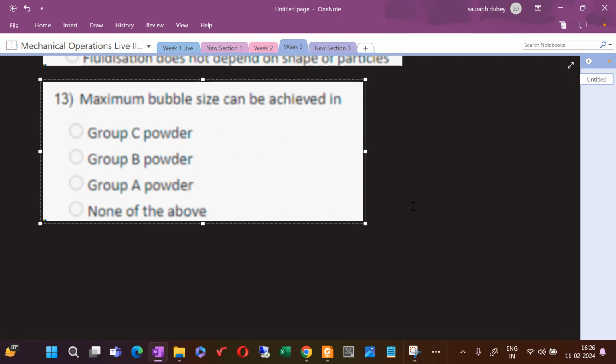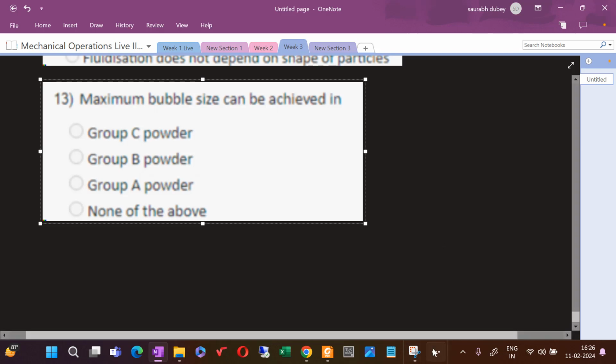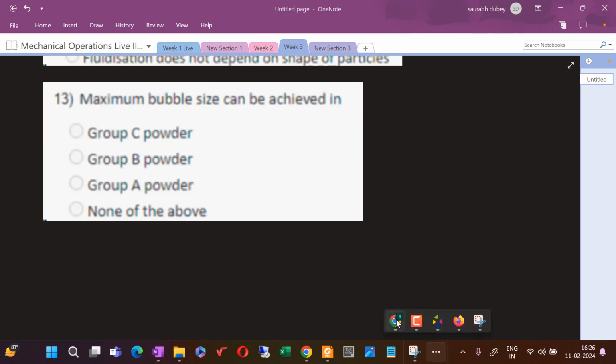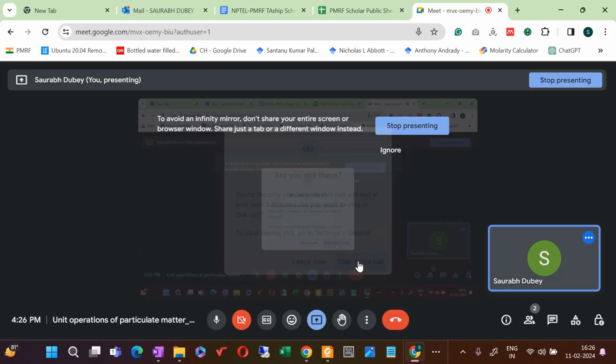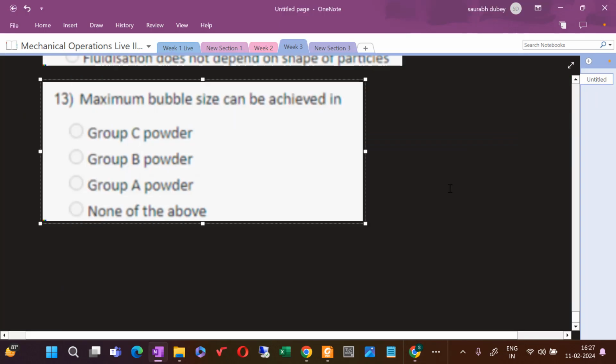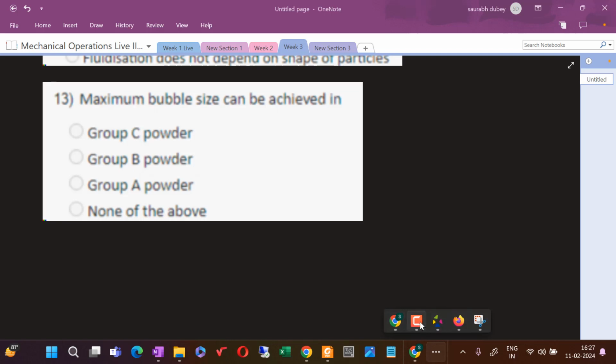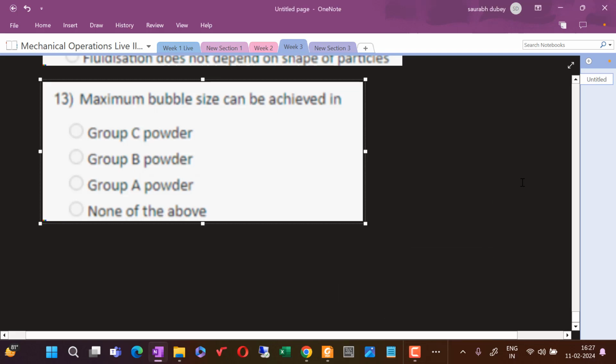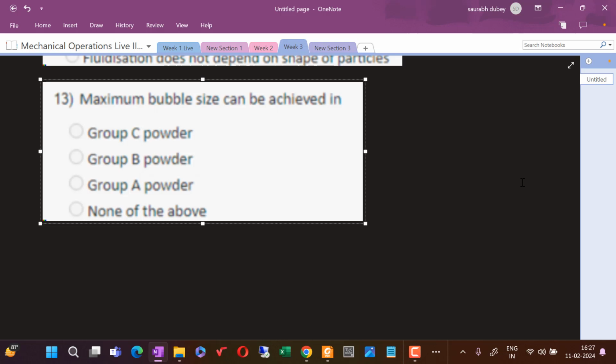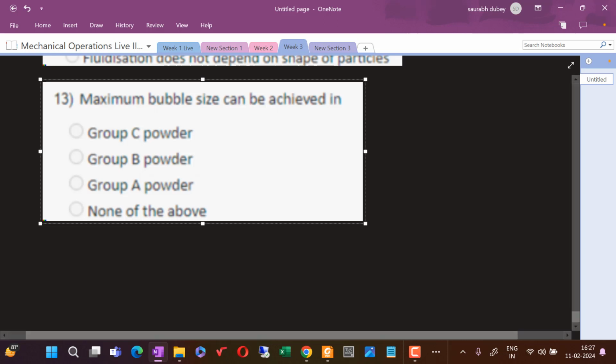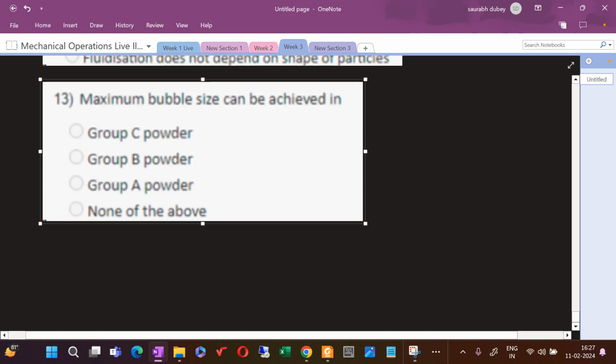So you have been told about different powders. The options are: Group C powder, Group B powder, Group A powder, none of the above. So which of the following is correct?